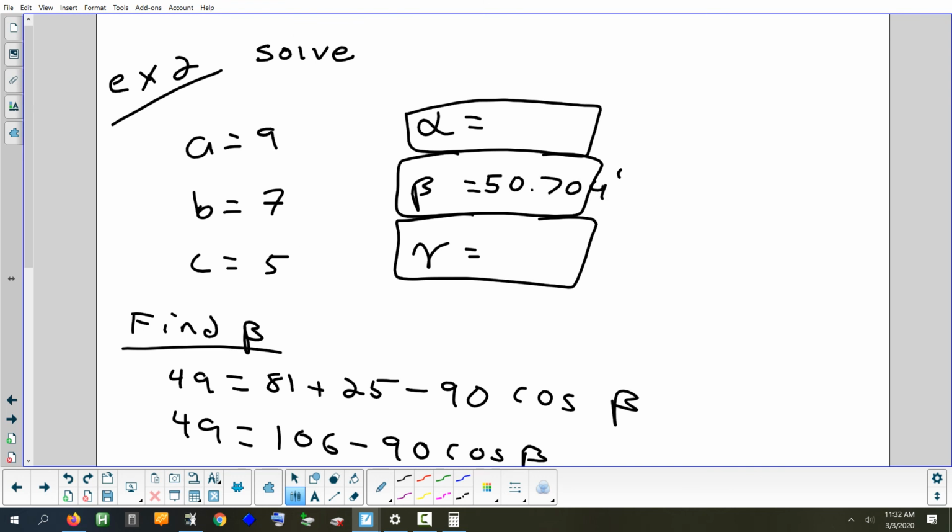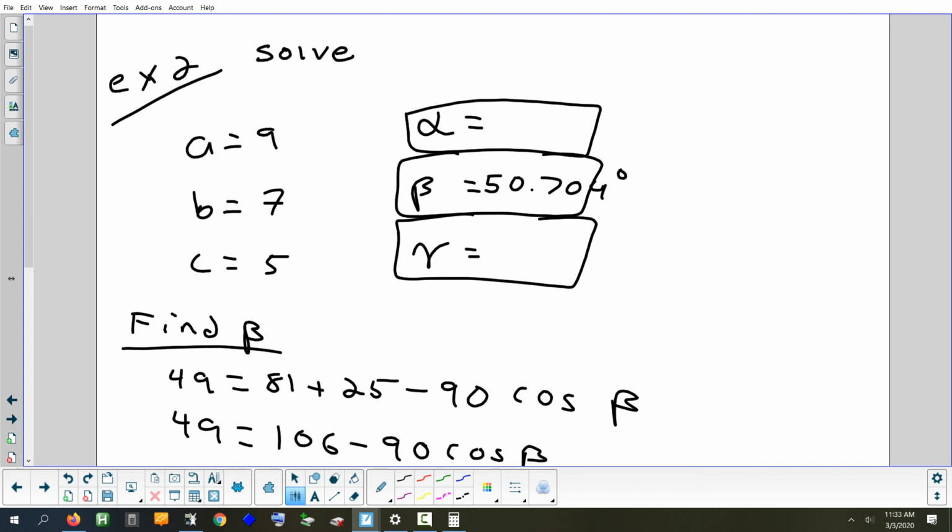Now, is there a case where you could be done the whole problem, a side-side-side problem, with only doing law of cosines one time? Yeah. When? Equilateral. If it was equilateral, you wouldn't even have to use law of cosines, because what are all the angles? 60. So if it's equilateral, you don't even have to do anything to find the angles.